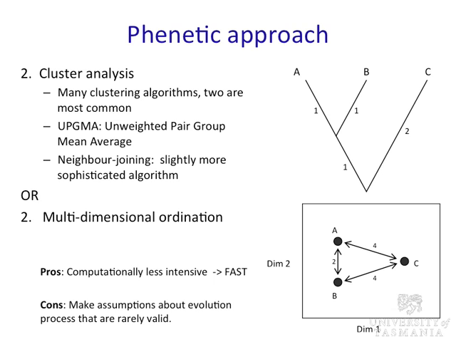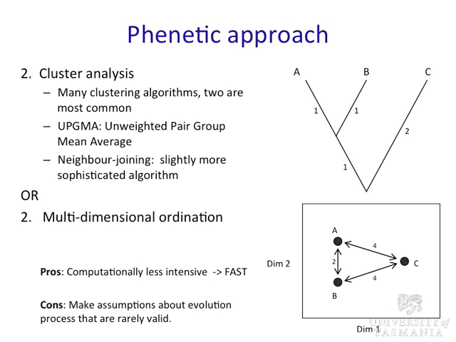So there's a couple of different examples. Again, there's probably 10 or 15 different ways that you could take a distance matrix and create a cluster diagram. All right, and again, when you do this kind of analysis, you need to choose an appropriate clustering algorithm depending on the nature of your data set. So 2 common ways, what's called unweighted pair group mean average.